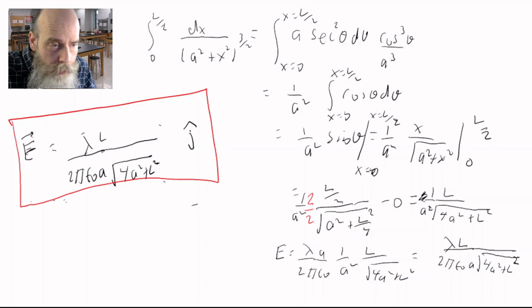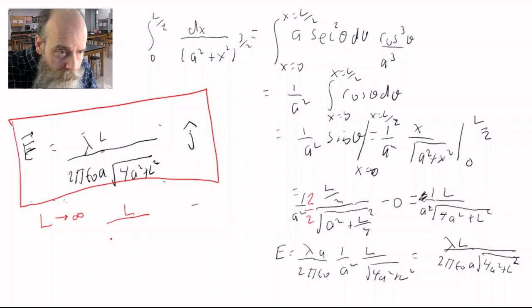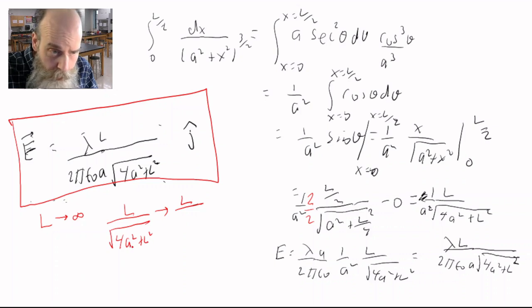Here's a question. What happens when L becomes infinite? When L goes to infinity, we have this factor, L over square root 4a squared plus L squared. What happens to that? Well, when L is very large, it is much larger than 4a squared, so we can ignore the 4a squared.